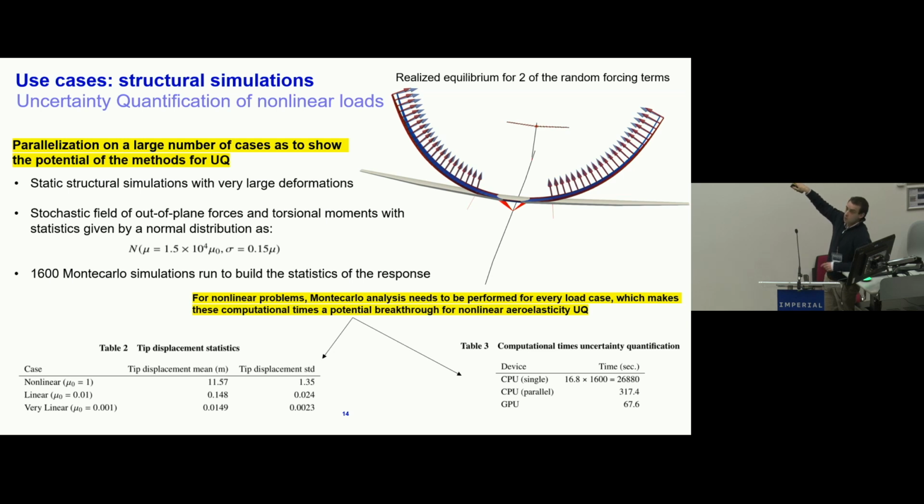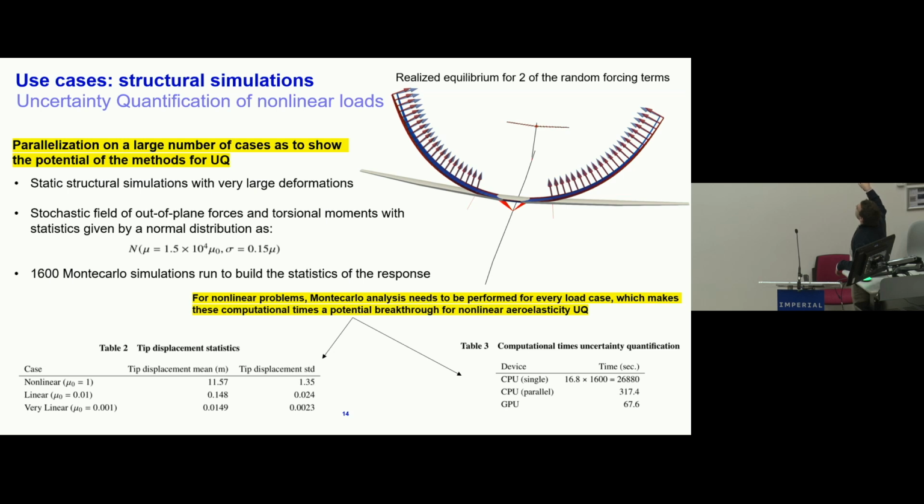You don't need, with one Monte Carlo simulation, you can extrapolate between the two. But once you go nonlinear, for every nonlinear case, you need to do as many Monte Carlo simulations as you need to converge. In this case, we were using over 1,600 Monte Carlo simulations. Each simulation takes around 17 seconds. So if you multiply, you get the numbers.